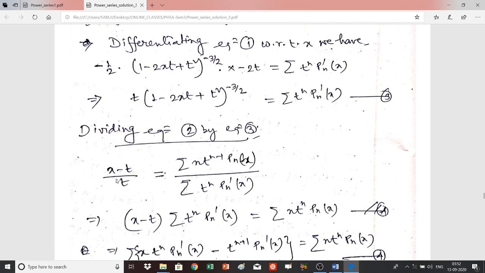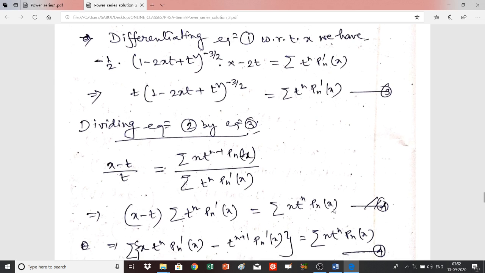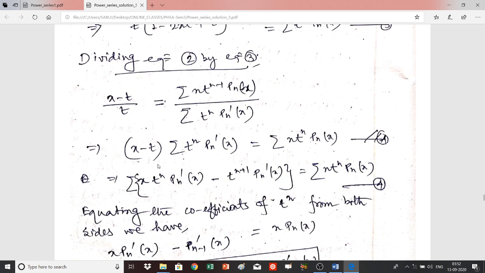So from here, just multiply these two terms, x minus t into the sum of t to the power n pn prime x, that is equal to t into this term, that is equal to the sum of n into t to the power n, which will come out from this term, and pn x. So that is equal to, just multiply each term of this by this.